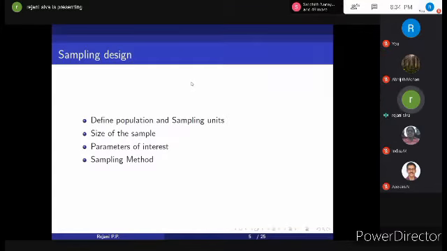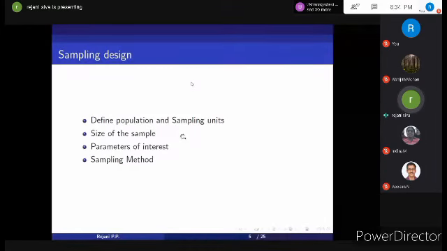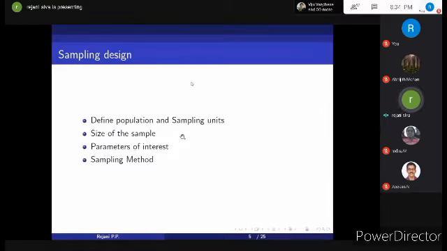We should have clear-cut idea about the study population, who should be selected for the study or who should not be selected. If you are conducting a case control study, who are the cases and who are the controls? Just refine the population by applying appropriate inclusion and exclusion criteria. That's the first and most important thing in sampling design.